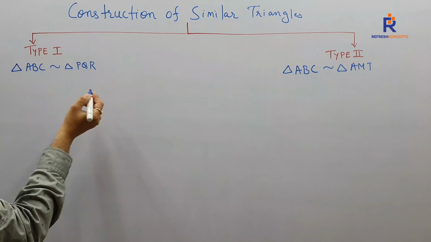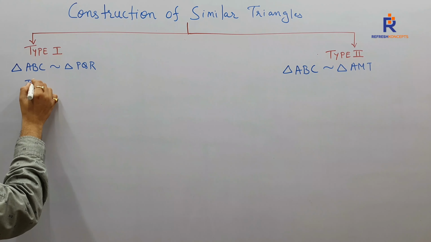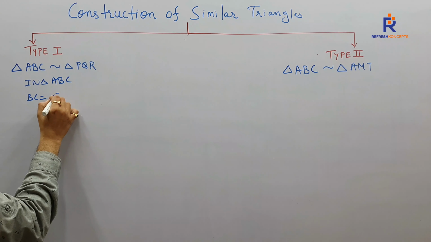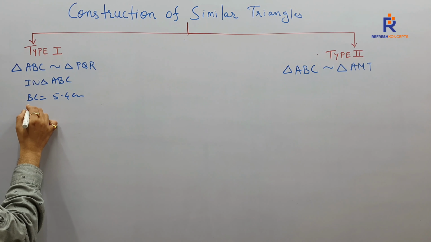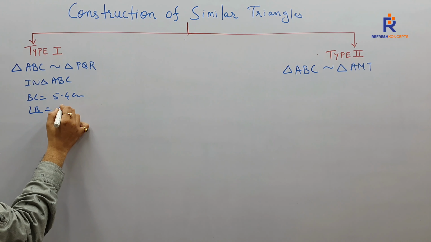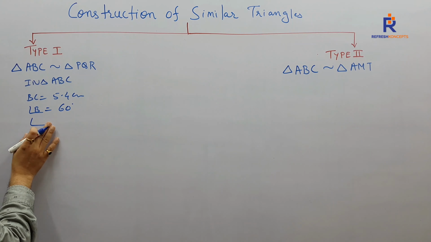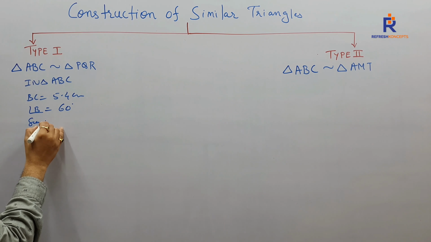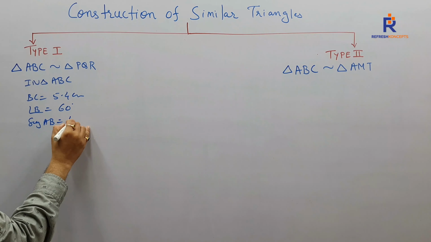It's not exactly a real sum. In triangle ABC, say BC is 5.4 centimeter, angle B is 60 degree, and segment AB is 4.7 centimeter.